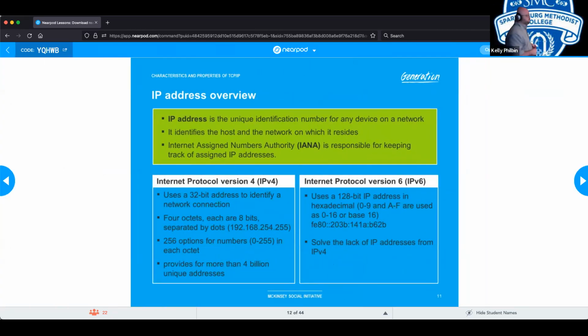All right, overview. What exactly is an IP address? Well, this is essentially a unique identification number for any device on a network. Within that address, you can identify the host and the network in which it is residing.